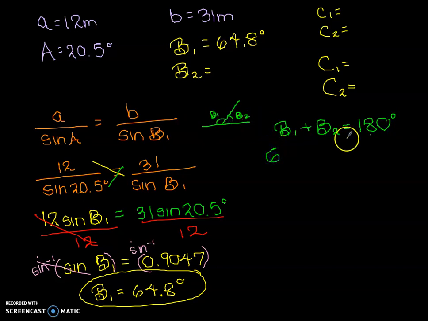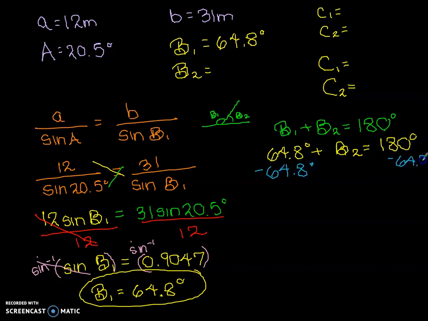If I have angle B sub 1, which is 64.8 degrees, and I need to find B sub 2, and I know the sum of them equals 180, then I'm just going to use my algebra and subtract 64.8 degrees from both sides and get angle B sub 2 equals 115.2 degrees.